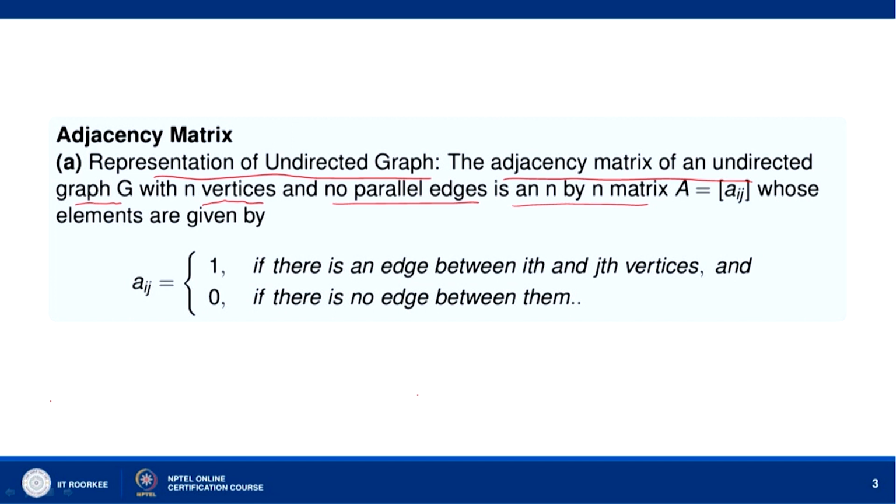So, when we consider the case of an undirected graph where there are n vertices and no parallel edges, we will have an n by n matrix, and the ijth entry of that matrix is equal to 1 if there is an edge between the ith and jth vertices, and 0 if there is no edge between them.